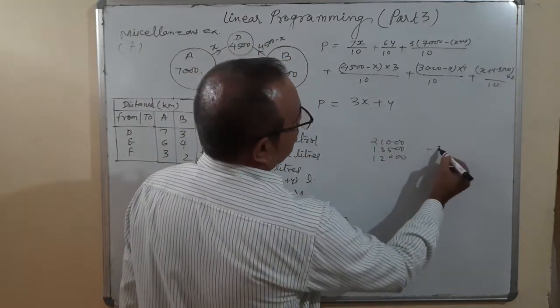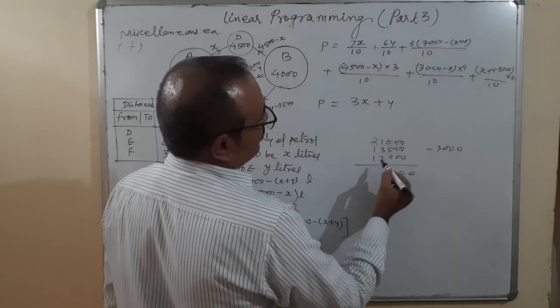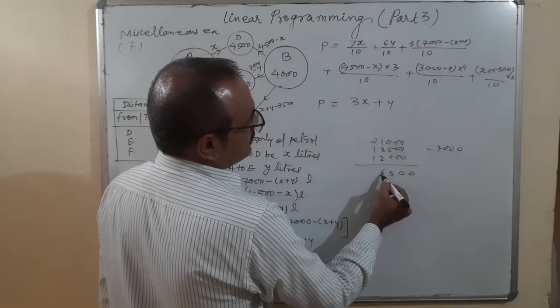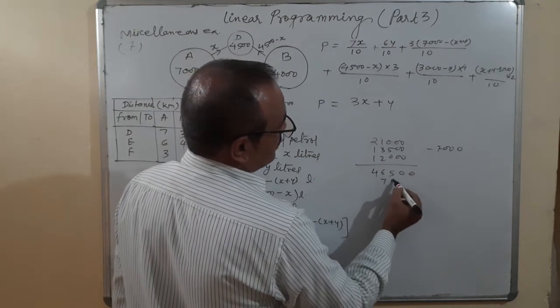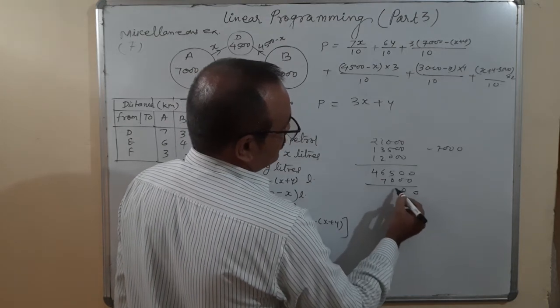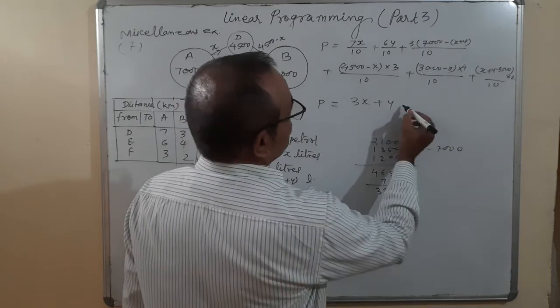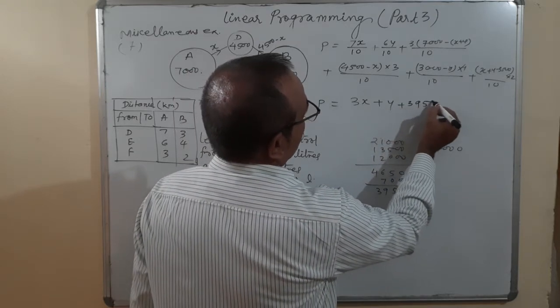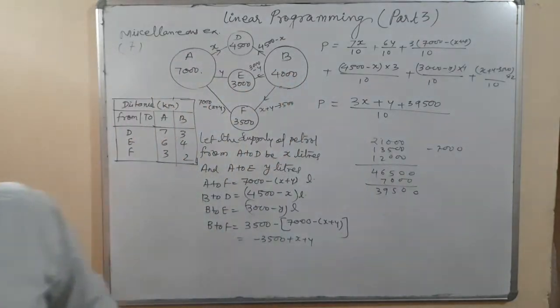Only one is negative. So the total is 46,500 minus 7,000, which is 39,500. So plus 39,500 upon 10.